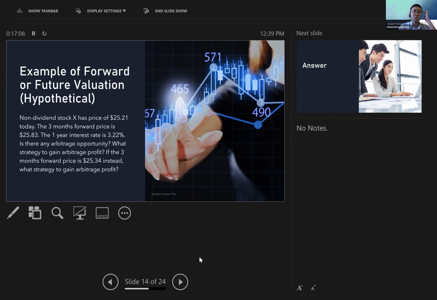What is the strategy to gain arbitrage profits from these trades, if there is any arbitrage? If the 3-month forward price is 25.34 instead, it's not 25.83, but 25.34, what strategy gains an arbitrage profit? I'll give you a couple of minutes to answer and we can discuss your findings.